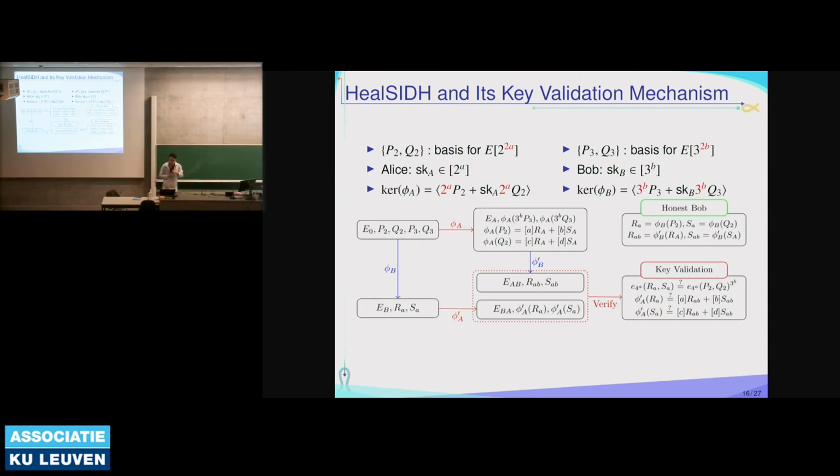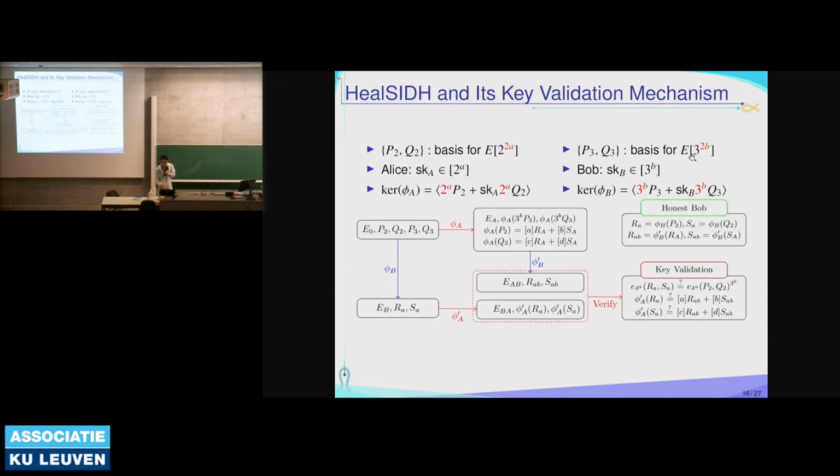So this is the key exchange they call HealSIDH, which means that they make it immune to any adaptive attack. Together with the key validation mechanism, they've made a few changes to SIDH here. Before, the torsion subgroup was 2^A, and now the torsion subgroup is E[2^(2A)].